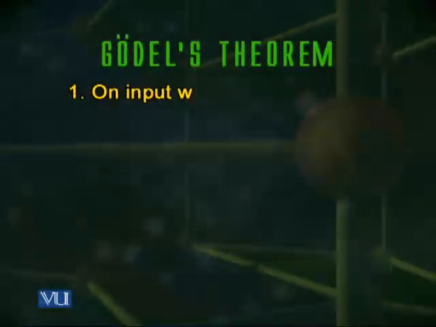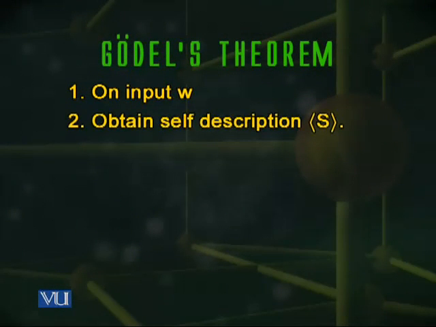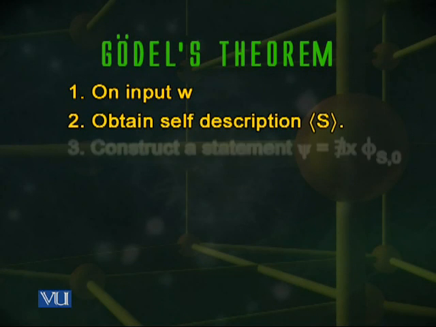We will use the recursion theorem. Let's look at the following program that uses its own description. It uses the recursion theorem in order to get its own description and then does something. This program gets w as an input and it obtains its self-description. This is where we use the recursion theorem.